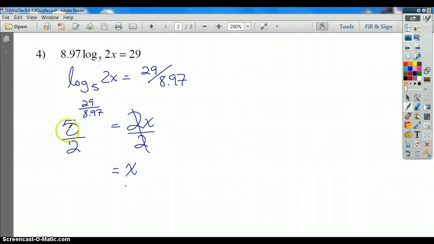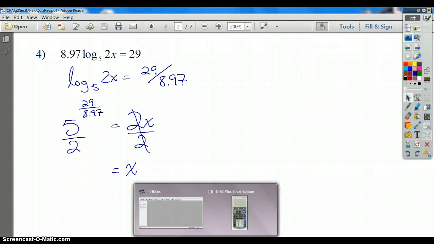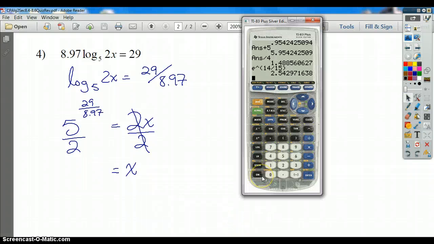Life is good. So I need a calculator to do that. I can't do the division until I take care of that exponent. So what I need to do here is 5 to the 29 divided by 8.97. That's what we do first. And then I divide that by 2.